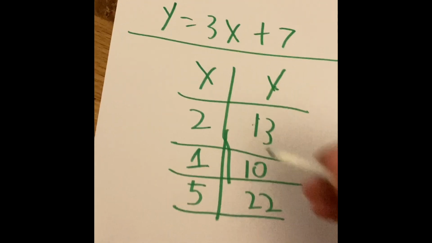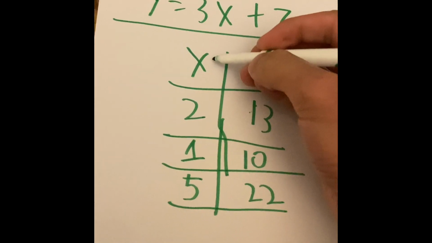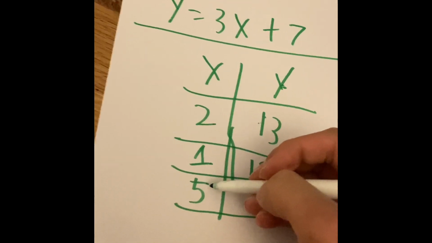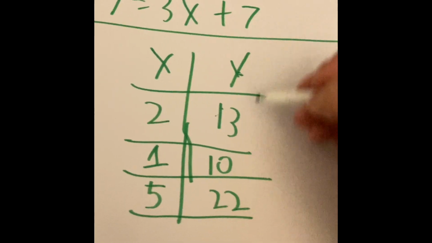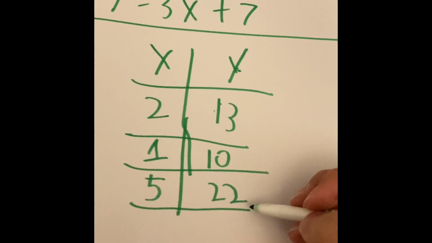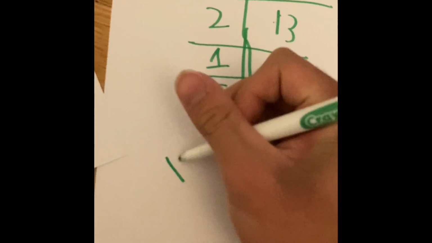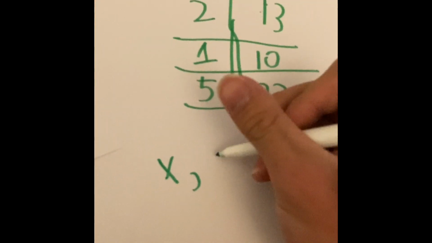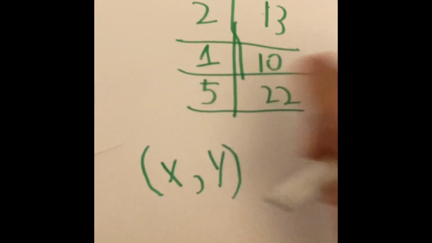What we made on the table is going to become graphs. So what you inserted in for your x is going to be on the x-axis. And what you got as a result is going to be your y-axis. So when you see points on a graph, you will usually see the x first with a comma sign with y, but with parentheses between the two.